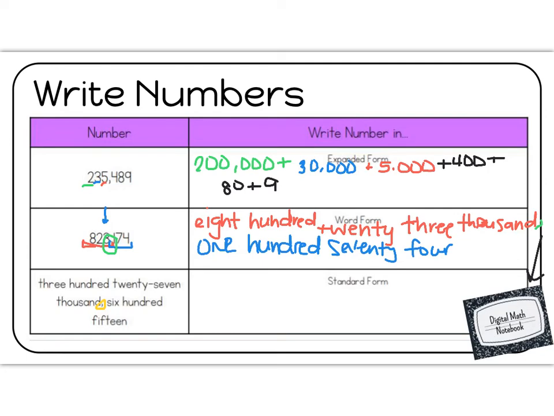So that looks like 327,000. There's our comma. Then we do the next three. 615. So 615. Great job. If you need to pause to copy these into your digital math notebook, now is a good time.